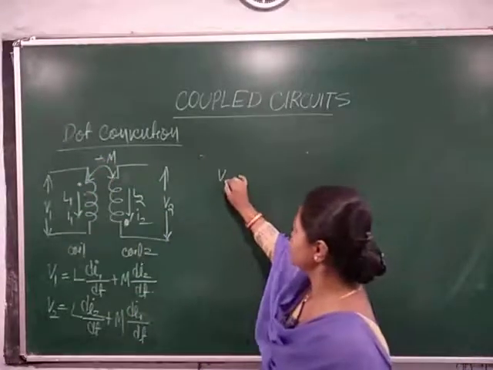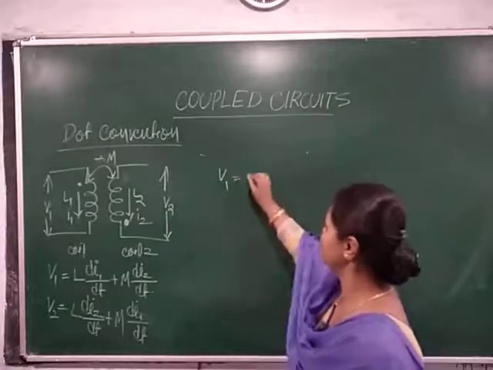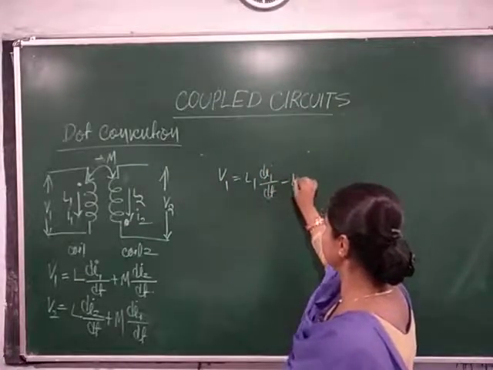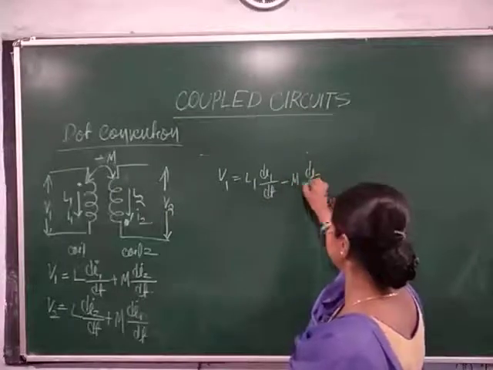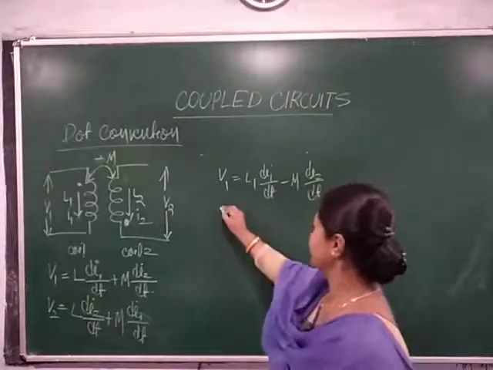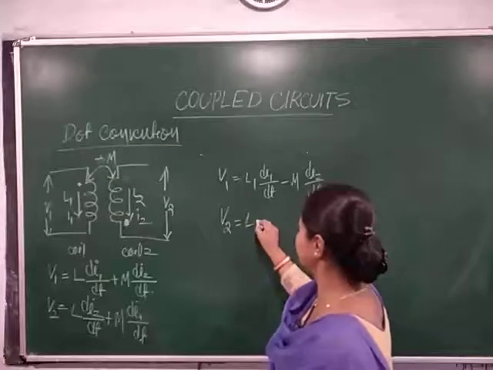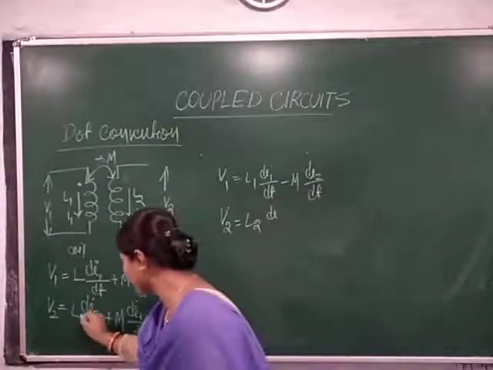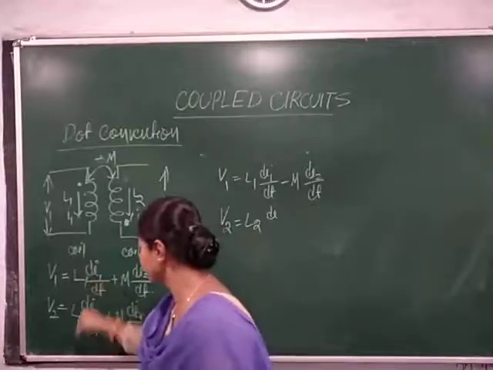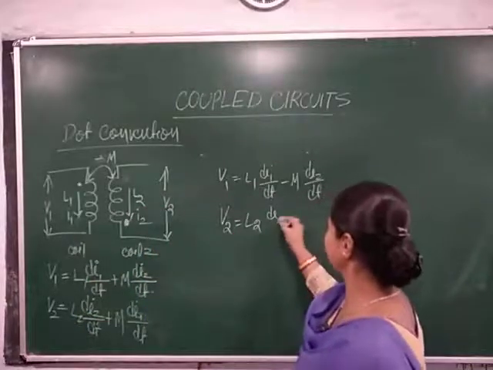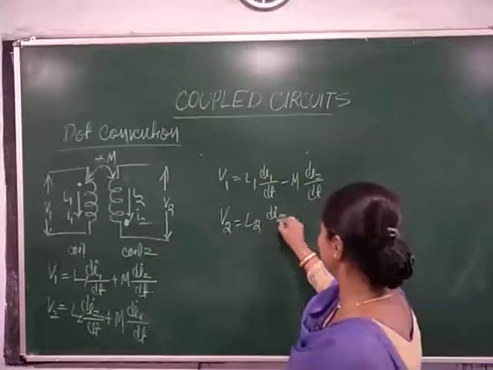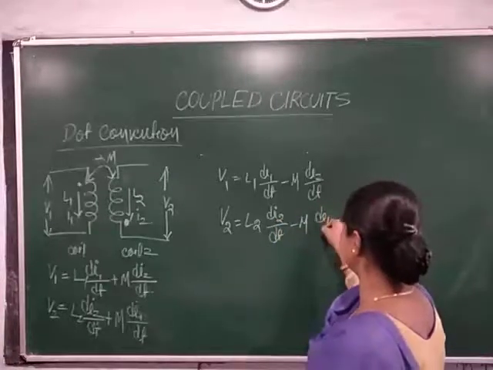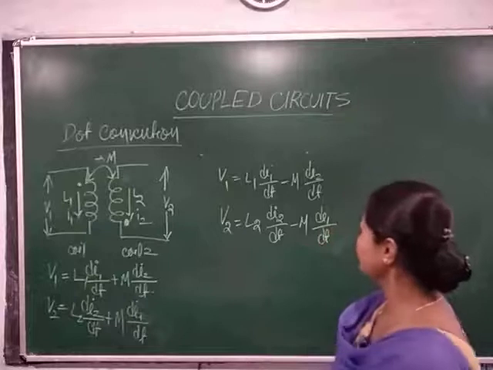So the equation for V1 is L1 di1 by dt minus M di2 by dt, and V2 is L2 di2 by dt minus M di1 by dt.